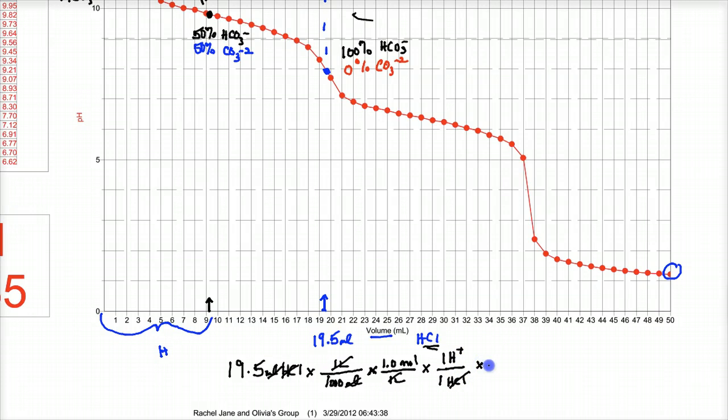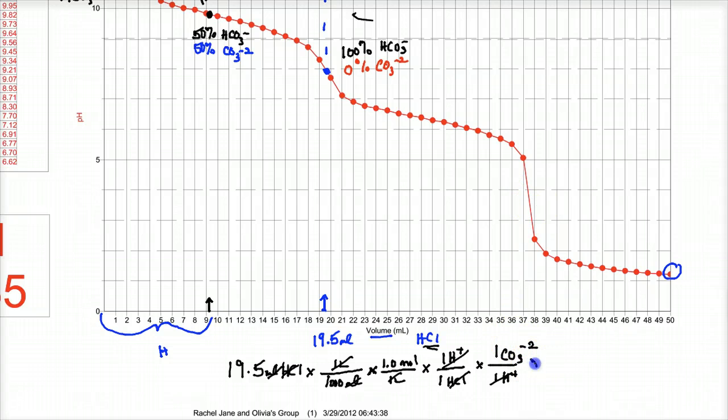Again, you may not need to do this, and with time constraints on an AP you certainly wouldn't, but just to make this straight, for every 1 H plus, there was 1 carbonate ion, CO3 2-. Now this gives me moles of carbonate ions. I don't need to completely titrate everything to answer this question.